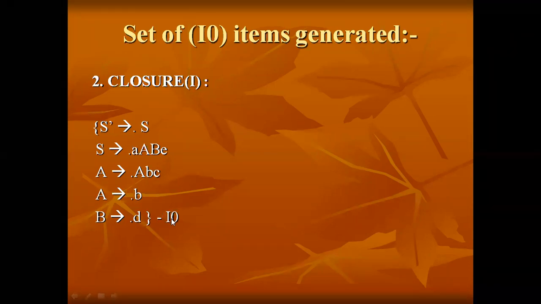This collection of rules belongs to item number 0, right? From the closure of I itself, I need to define the starting number of the item. I am starting with I naught. Is it clear? This is the computation of closure.